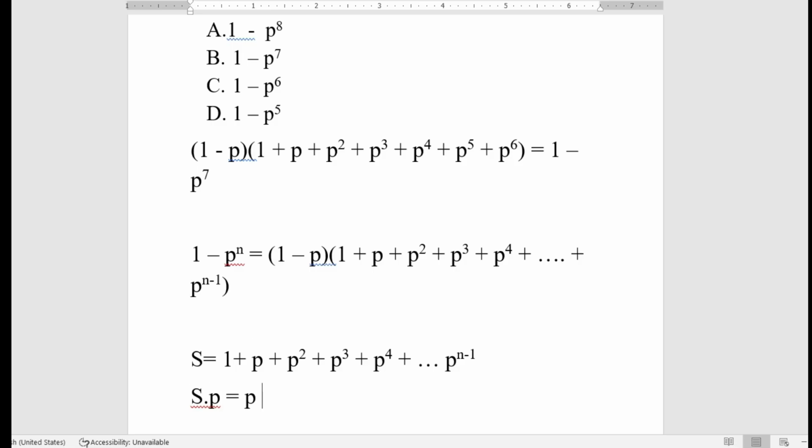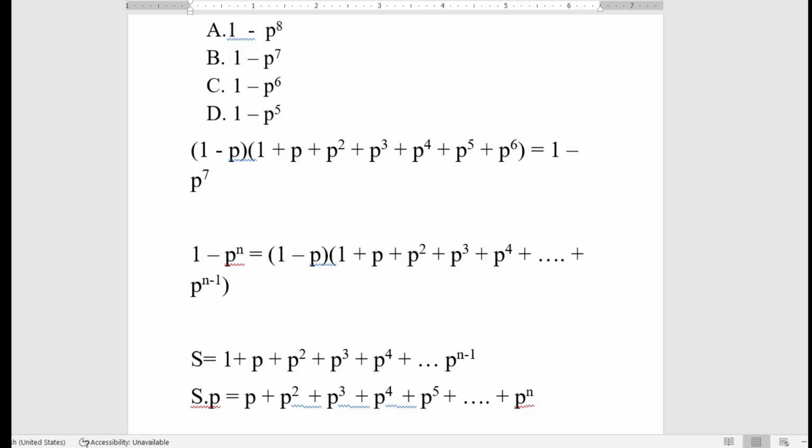So we have s multiplied by b equals b plus b squared plus b to the power of 3 plus b to the power of 4 plus b to the power of 5, and so on, up to b to the power of n minus 1, and you have b to the power of n.